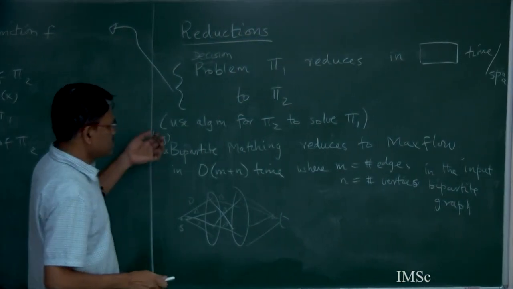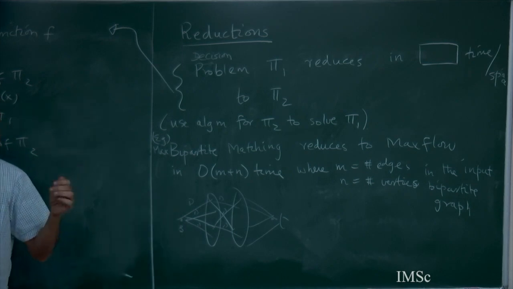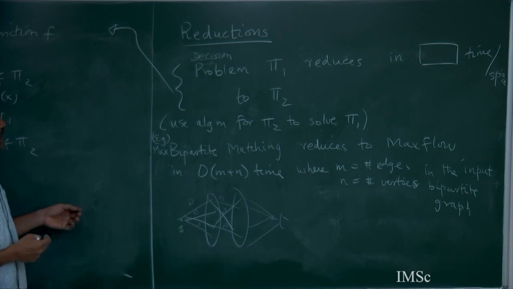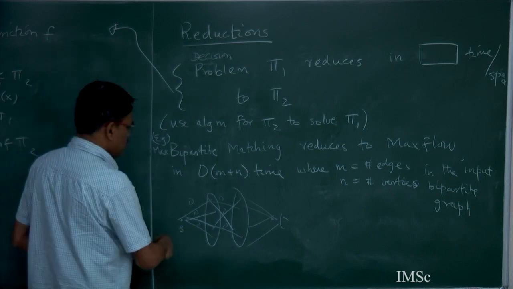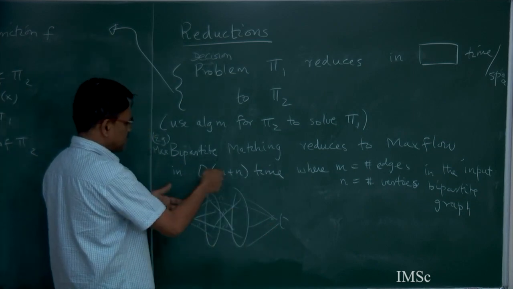In the case of bipartite matching, given a bipartite graph, you might ask the question: is there a matching of size k? That is a decision problem. Then the function f is what we did here. This Turing machine adds s and t, adds these edges and adds these capacities.